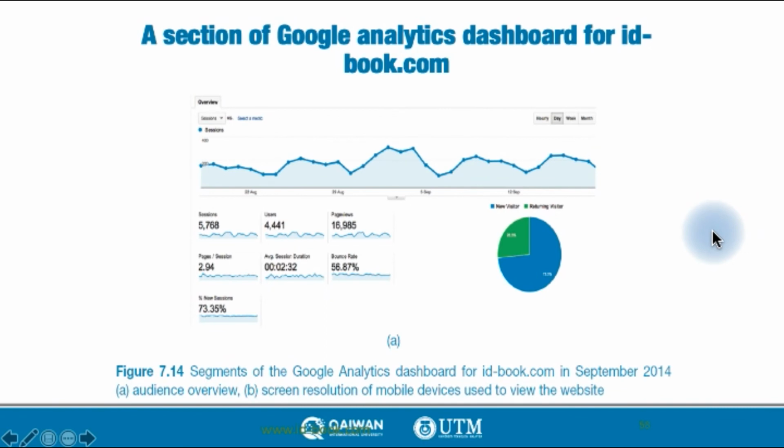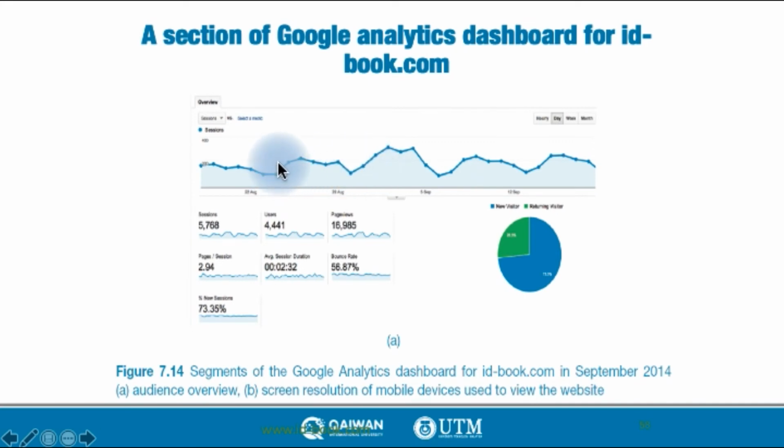So he knows how many visitors have been visiting the website during this period or this period or this period as well. Here you can see the maximum visitors and how many new visitors as well. That's why you have to analyze the data: why have users been visiting much in this period and less in this period?